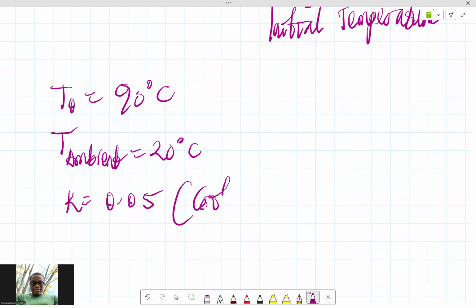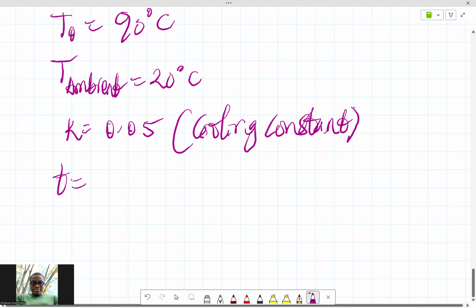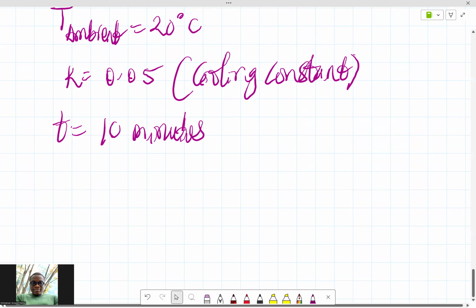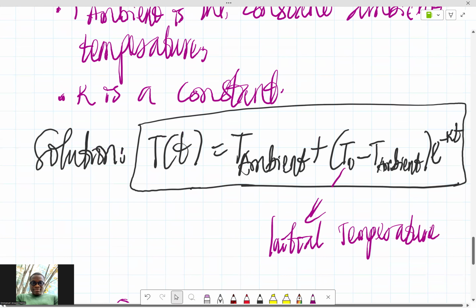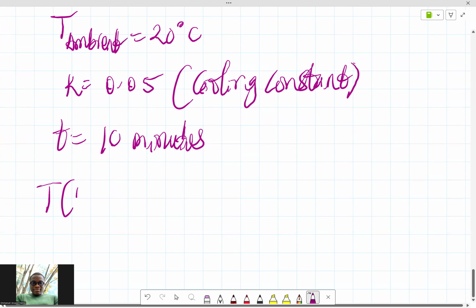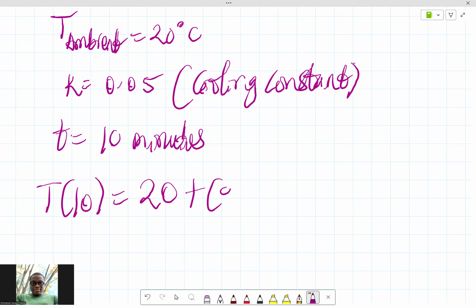So the temperature after 10 minutes would be T of 10 equals 20, the ambient temperature, plus 90 minus 20 times e raised to the power minus 0.05 times 10, that's 0.5.